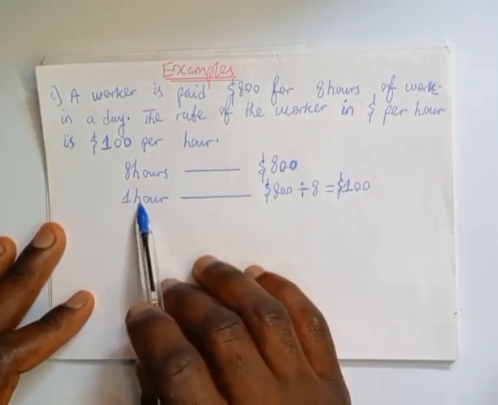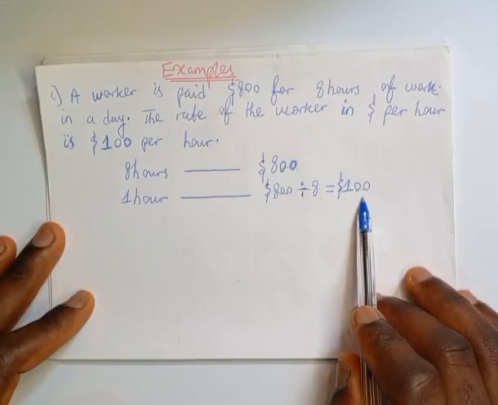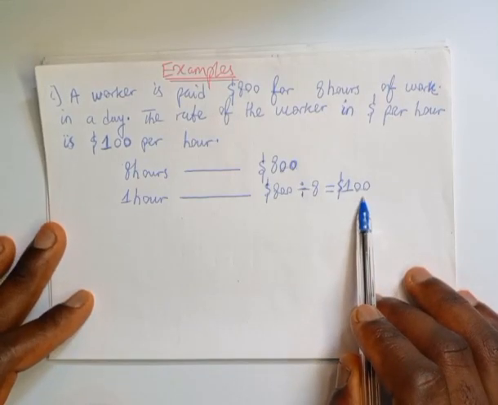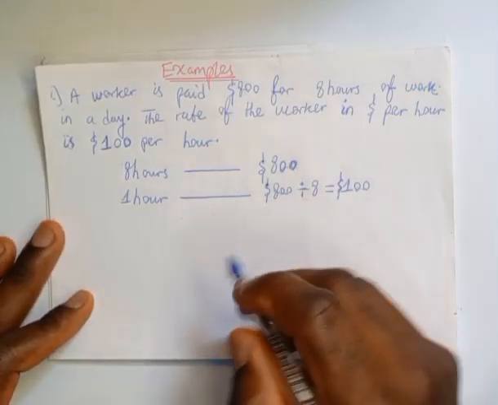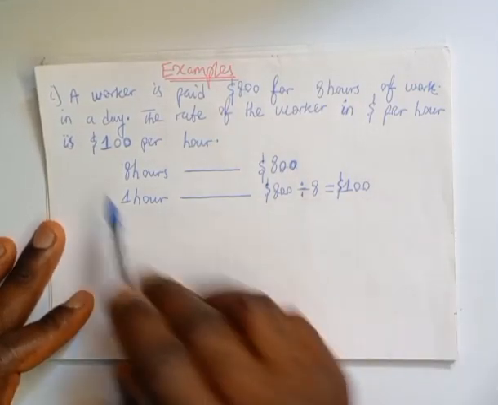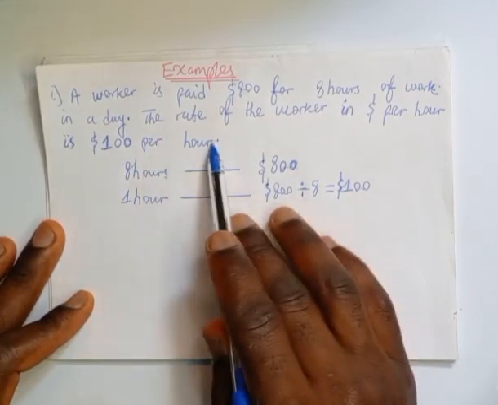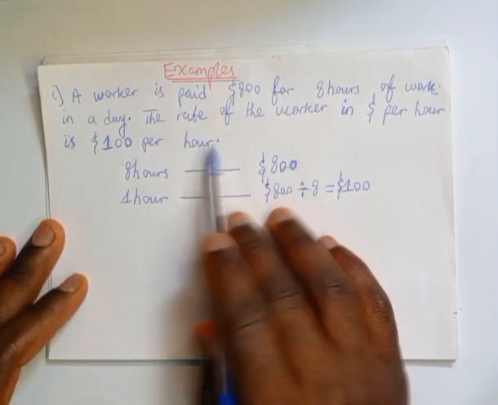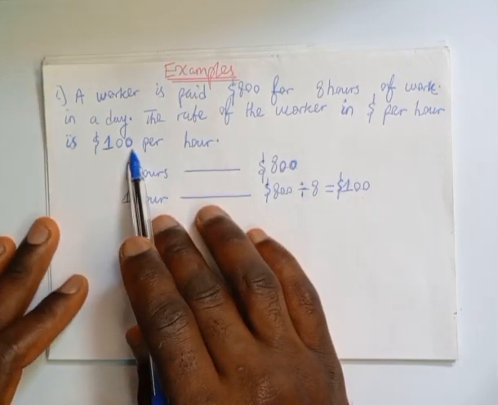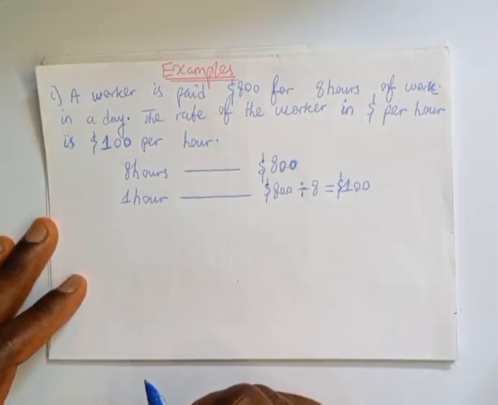It simply means for 1 hour of work, the worker is paid $100. Expressing this as a rate, it will simply give us $100 per hour, which means $100 is paid for 1 hour of work.